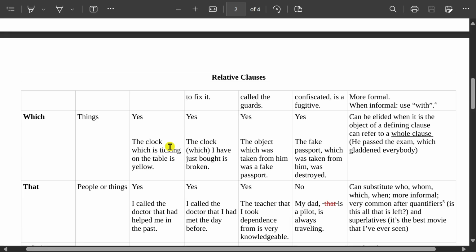Do you want this one or this one? Which one? Then this which is not a relative pronoun. It's the interrogative. Remember this word? Sometimes I tell you to make an interrogative sentence, right? It's a question.